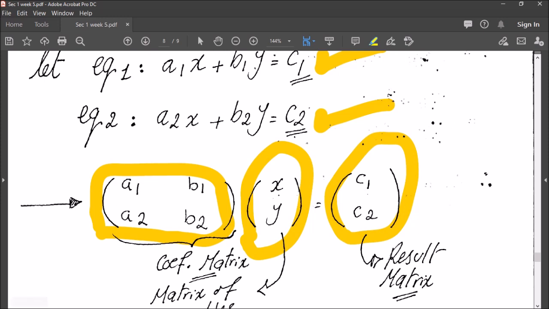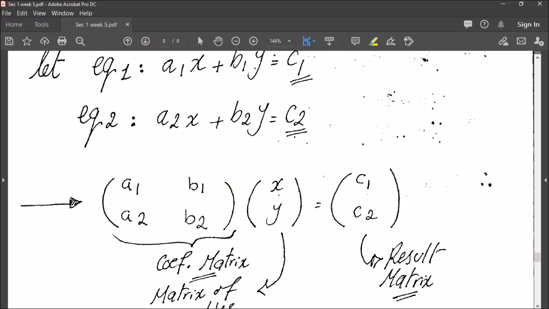This column is specific to the coefficient of x, this column is specific to the coefficient of y, this matrix remains the same, x and y, and this matrix is represented by the result.